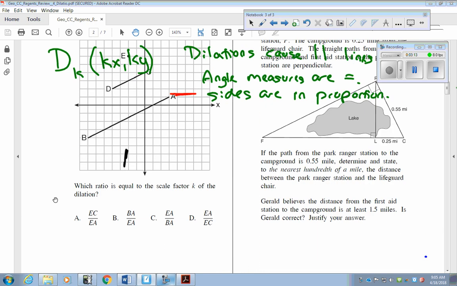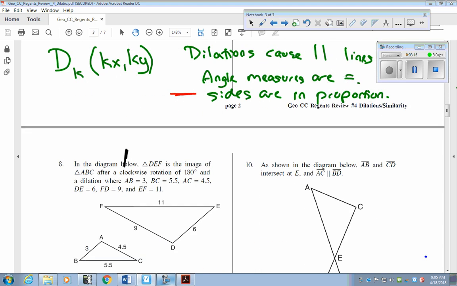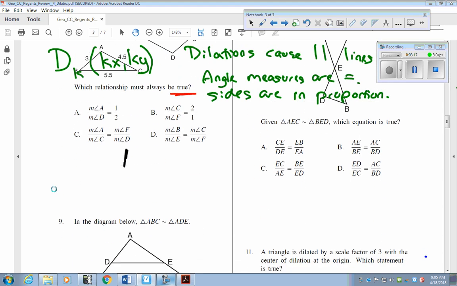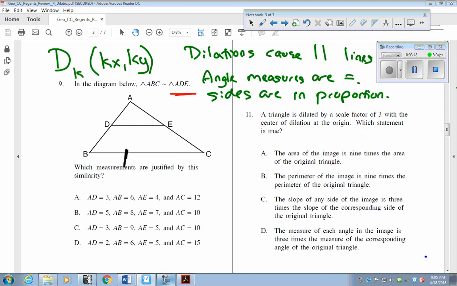I'm going to go over to page 3. Question number 9. So now we got this is true. So we got similar, and again, that little symbol means the word similar.